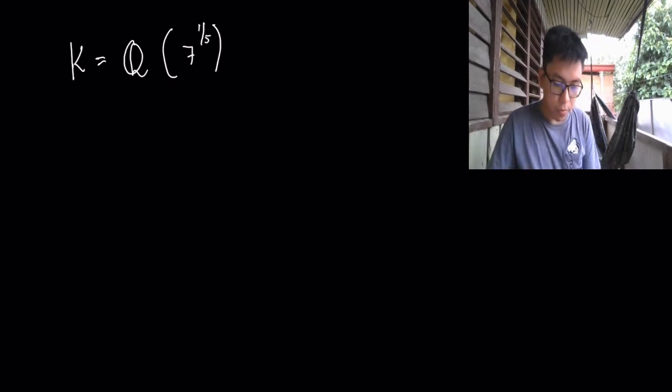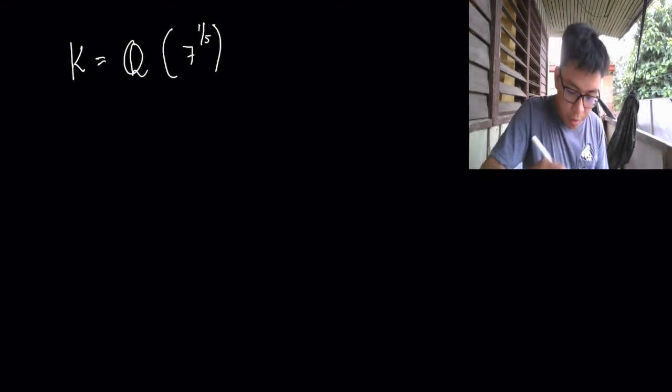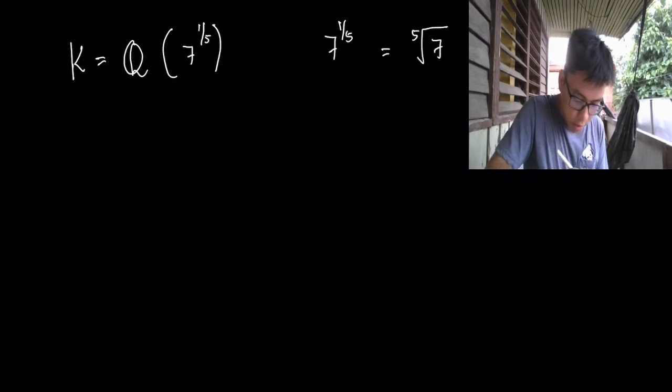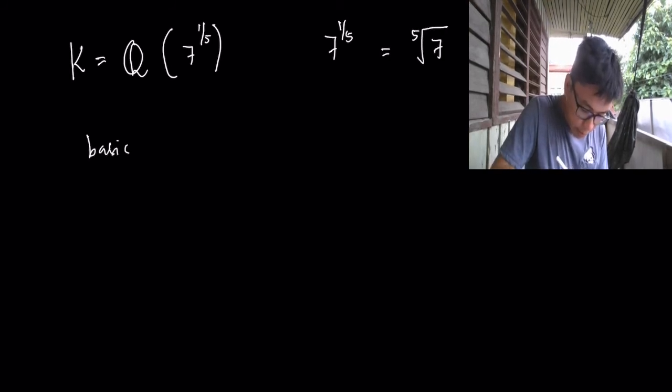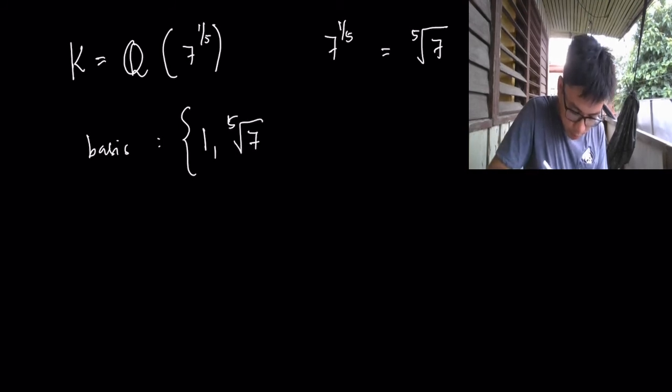Okay, next. How about if our field here is Q of 7 to the 1/5. Okay, so let's double check the basis. Remember, 7 to the 1/5, that's the same as the fifth root of 7. So basically the basis for Q of 7 to the 1/5 is you have 1, you have the fifth root of 7.